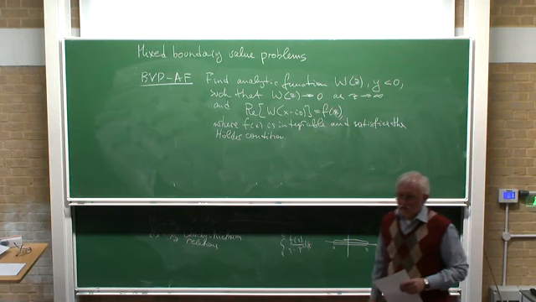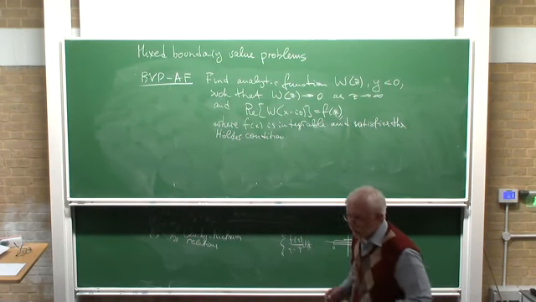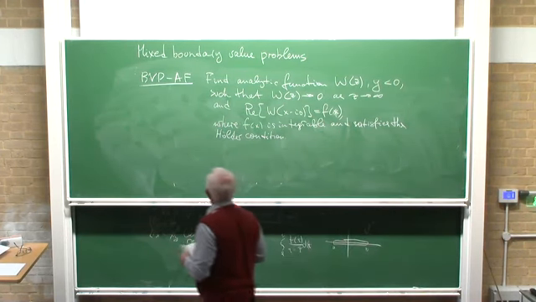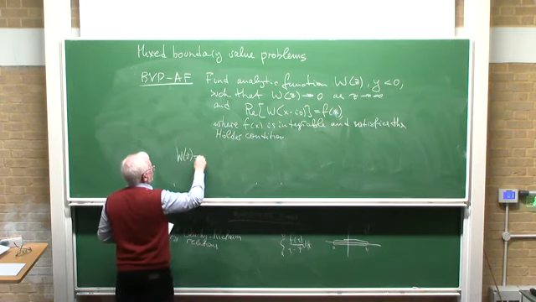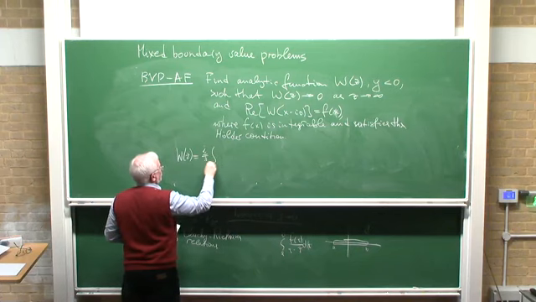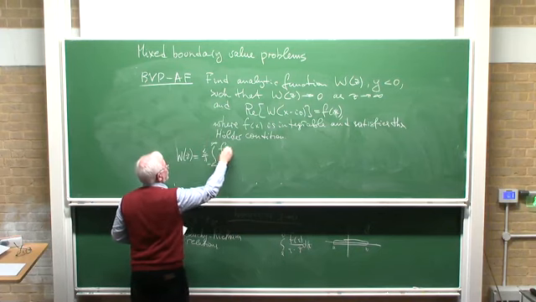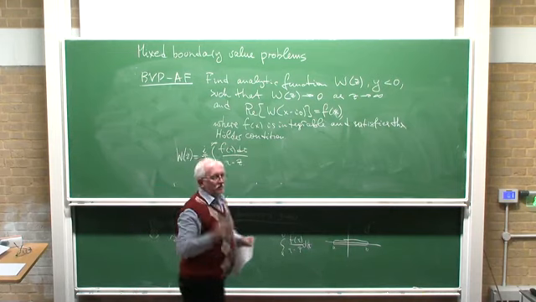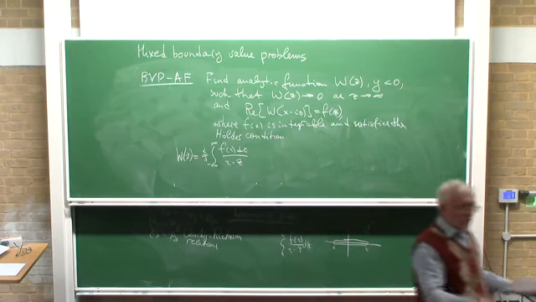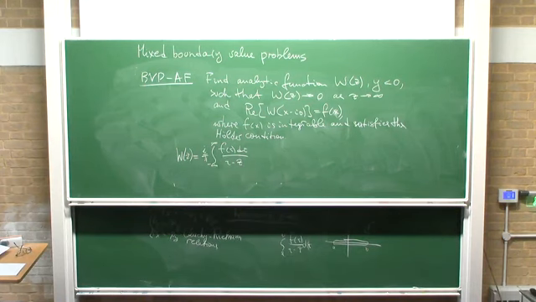So this is the formulation: find the analytic function such that the real part of this function is given on the boundary. The solution of that problem is equal to i times the integral from minus infinity to infinity. This is what we showed using the Dirichlet problem.